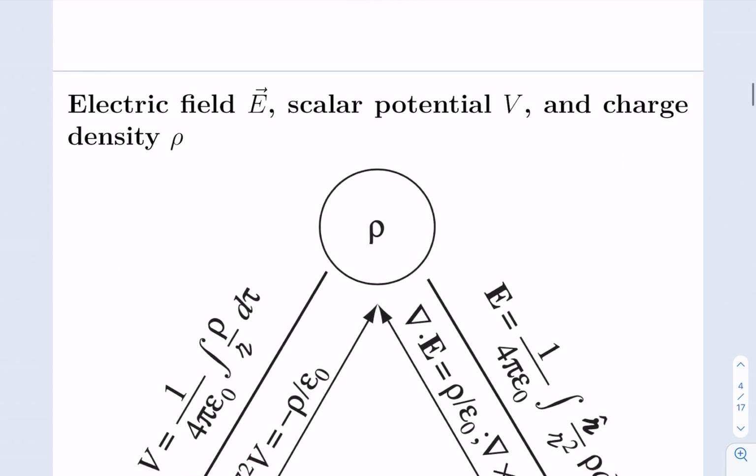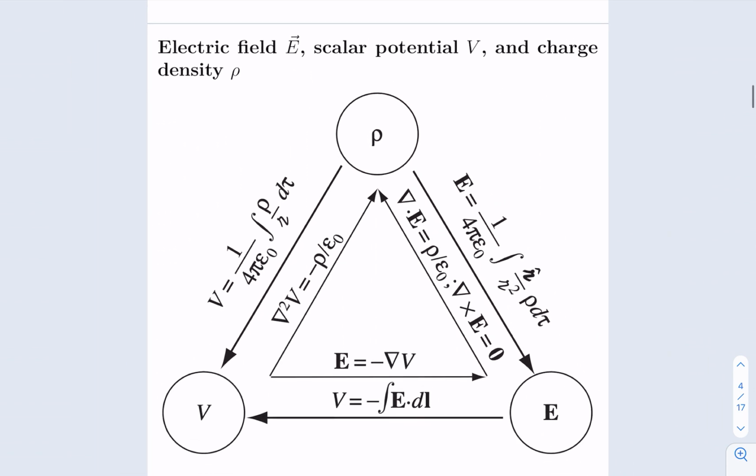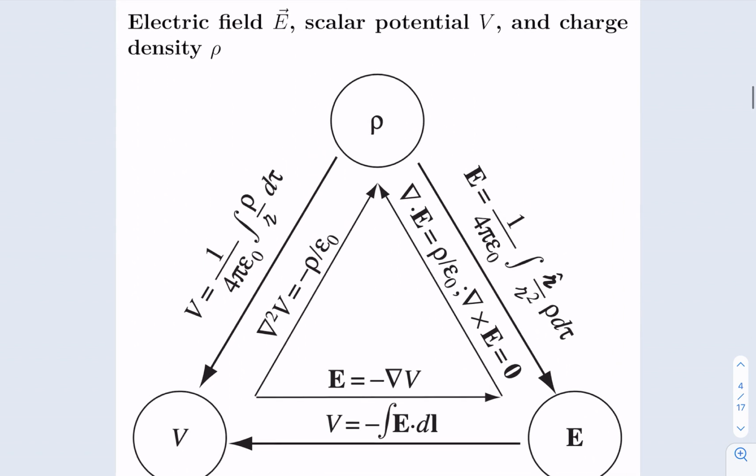Now we have 3 different things, right? And we can see that really they can be connected to each other. In the first lecture, we already know that Maxwell's equations tell us how to connect the electric field to the rho, by taking the divergence of the electric field, which gives us the charge density, and the curl of the electric field is 0.